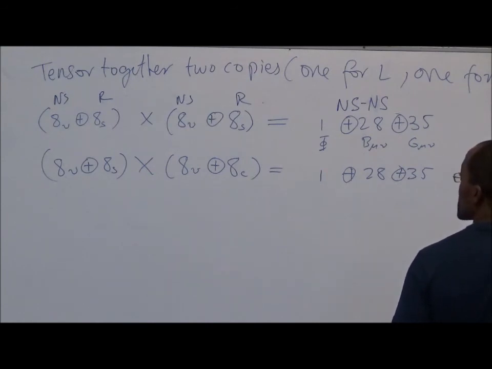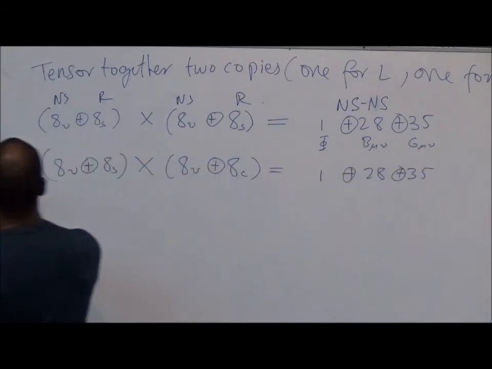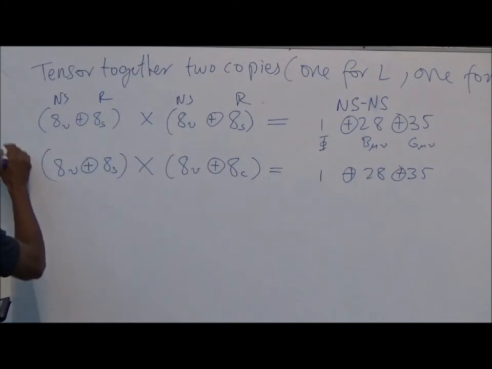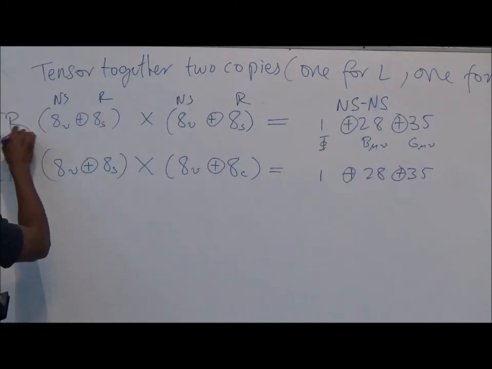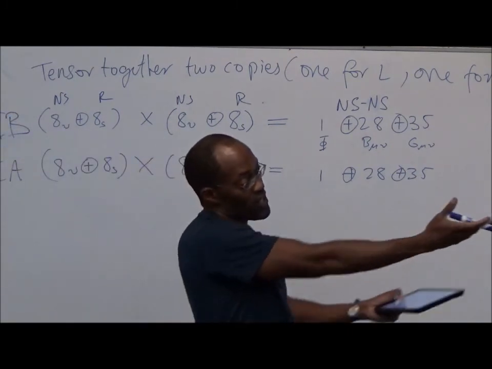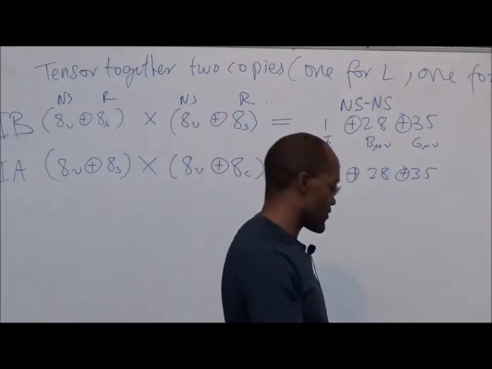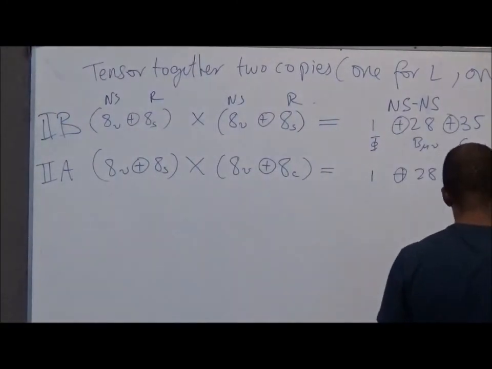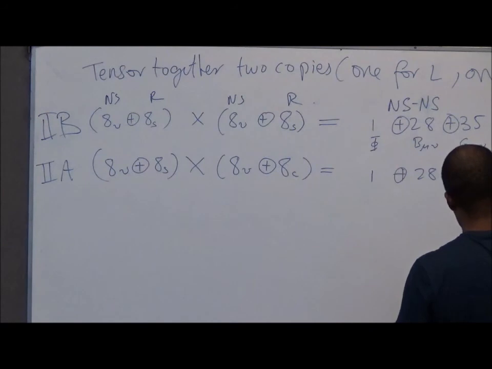So let me write that out. So this is type 2A, and this is type 2B. And I guess I should have said the open string stuff that we found is the type 1 string. Kind of, it's not quite finished.